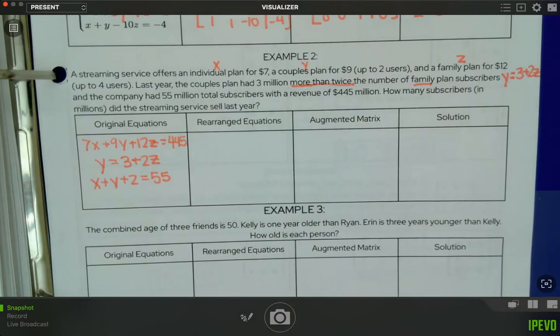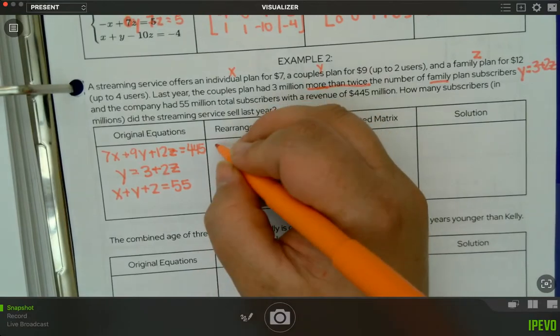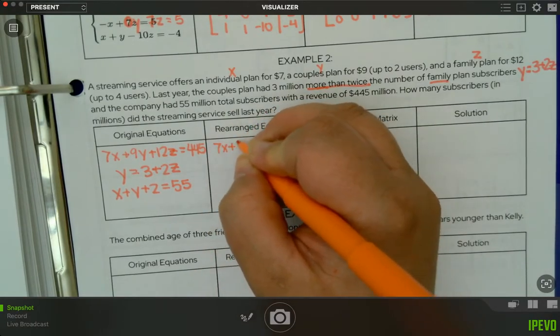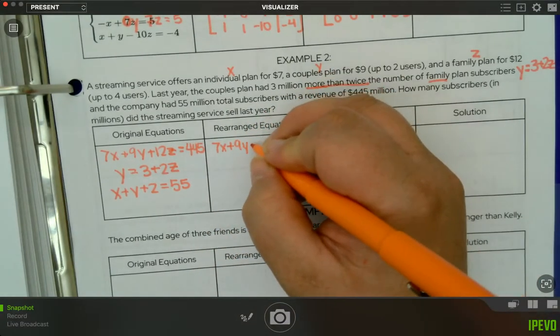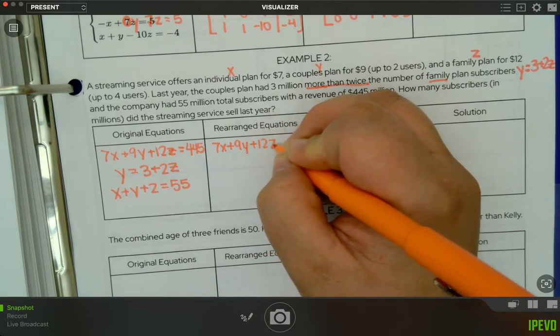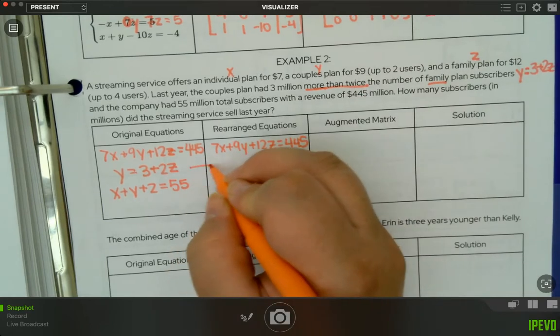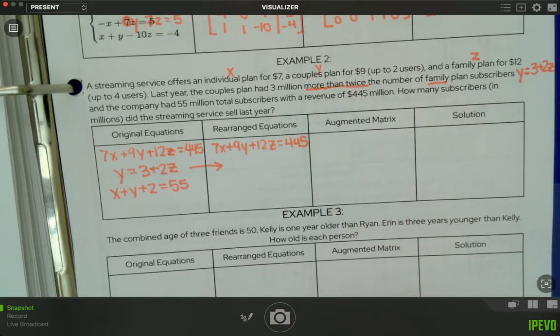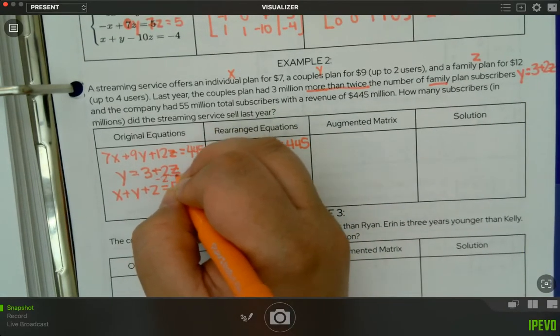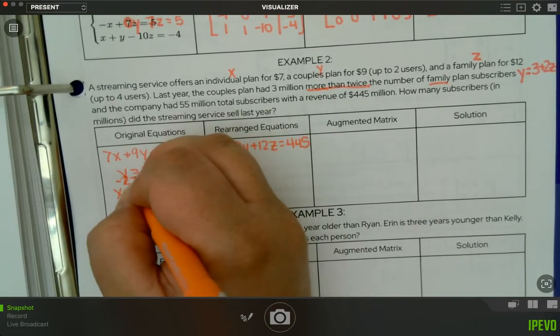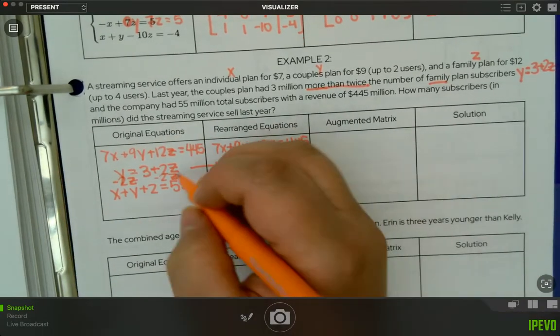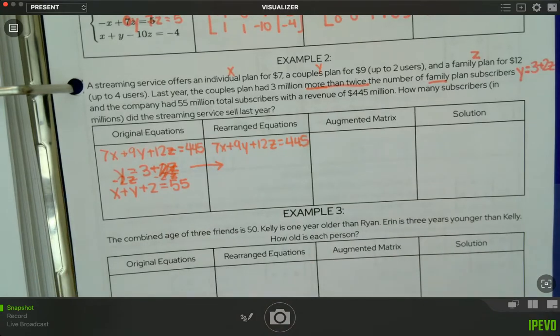Then you'll realize I left you a spot on word problems to rearrange the equations. The first one does not need to be rearranged because it goes X, Y, Z, although I am going to write it a little bit nicer. This is the one that needs to be rearranged. So I need to minus this 2Z to the other side so that it's Y, Z equals the number.